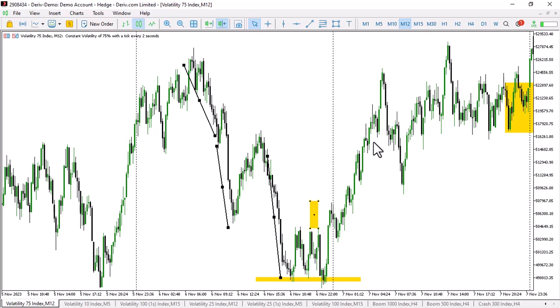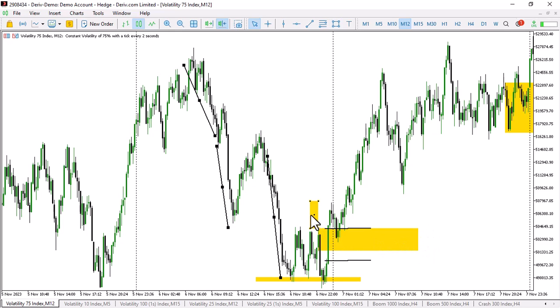So I'll show you the fair value gap that I see in this formation. You have this candle and this candle and this candle. This is your fair value gap. This is the wick of the last candle, then the last wick of the first candle. So in that fair value gap, you have to find a breaker. So this is your breaker.